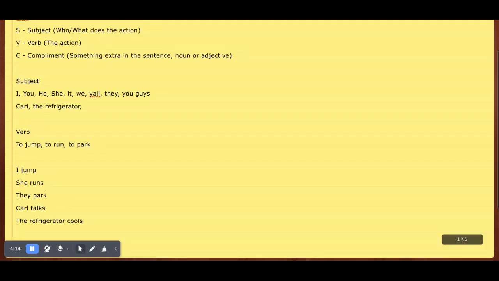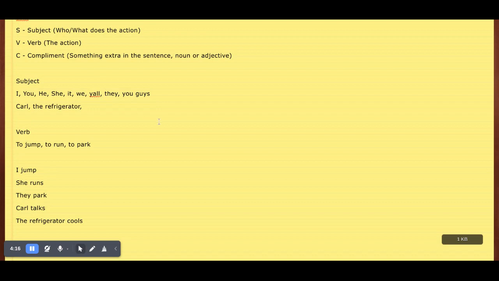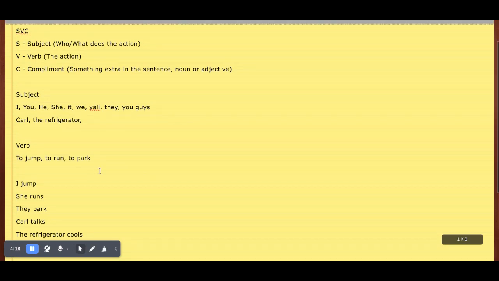A bunch of different things you could say as far as subjects go. And so this is the relation between the verb and the subject in English. But it's very important to know what both of these things are, because every single sentence in any language that you ever try to learn is going to have a subject and a verb within them. It's going to have a person that's doing an action and an action itself.